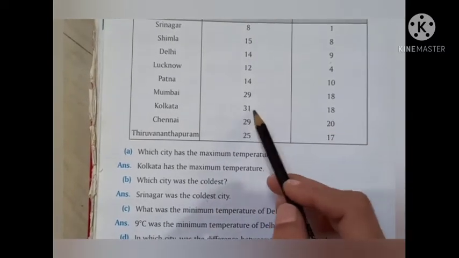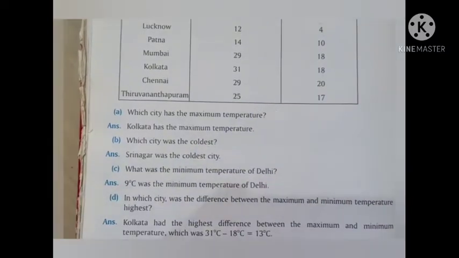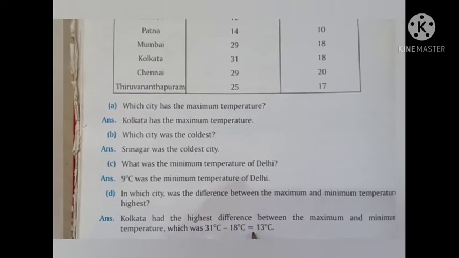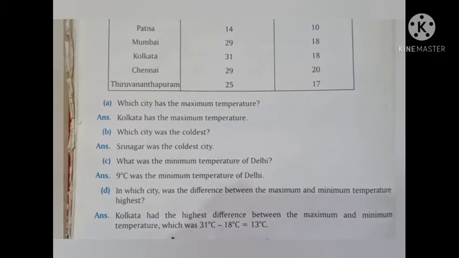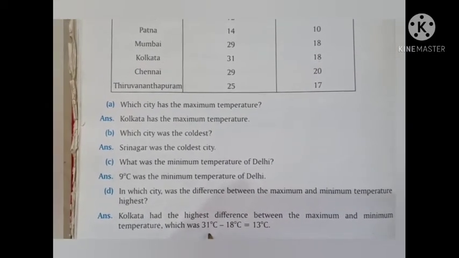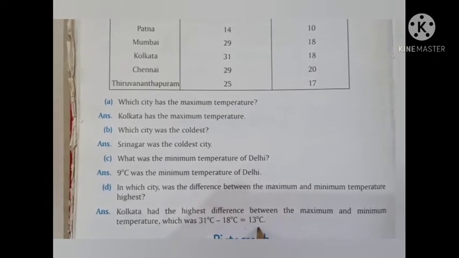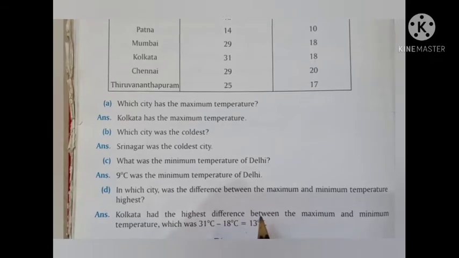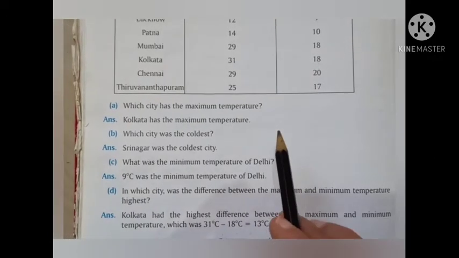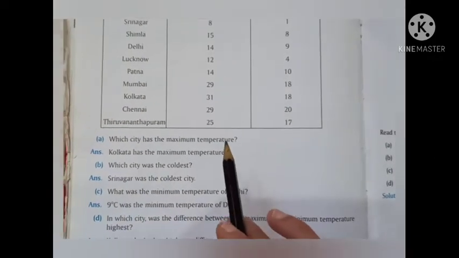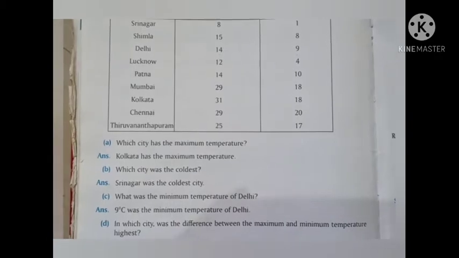So it is 31 minus 18. You can see Kolkata has the highest difference between the maximum and minimum temperature, which is 31 degrees Celsius minus 18 degrees Celsius, equal to 13 degrees Celsius. So students, in this way you have to solve the sums which are given in such tabular form.